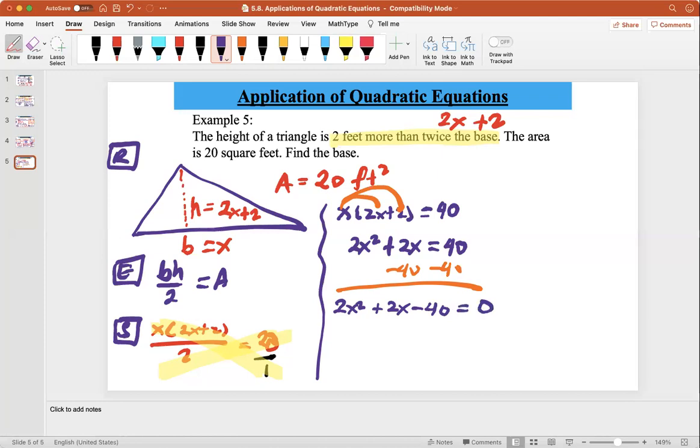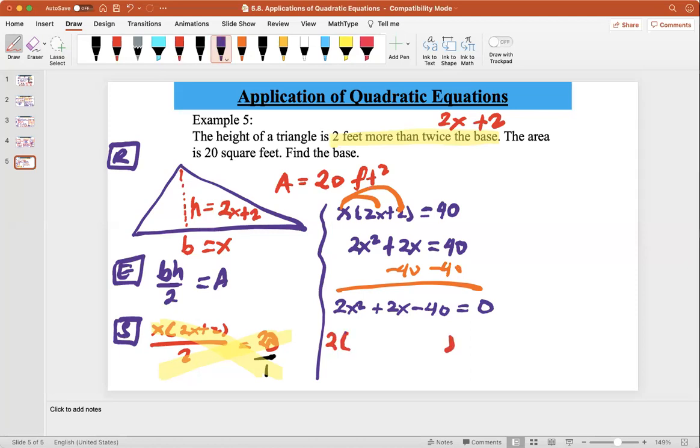Now, since this is an equation, let's check if we can simplify it. Is there any number that divides 2, 2, and 40? Then we factor it out. All of these numbers are divisible by 2, so we factor out 2. That's your GCF.